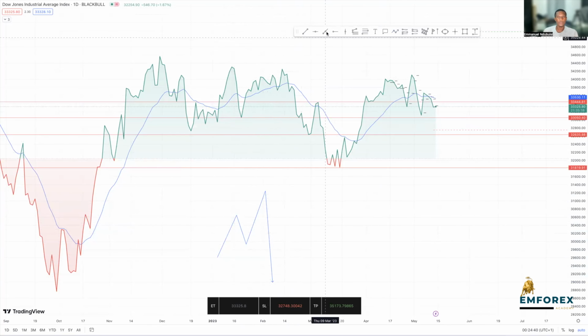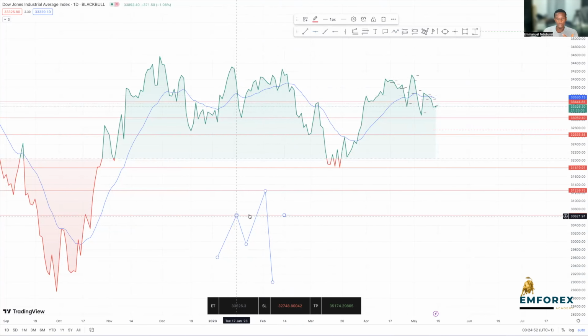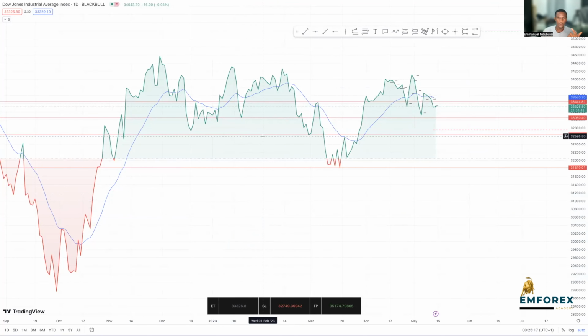So when we are talking about resistance, we're talking about those areas where price has risen to and then failed to break. It failed at that point in time, which doesn't mean it's not going to break it later, but at that point in time it failed to break it. So we can clearly see that price rose to those areas but failed to break.